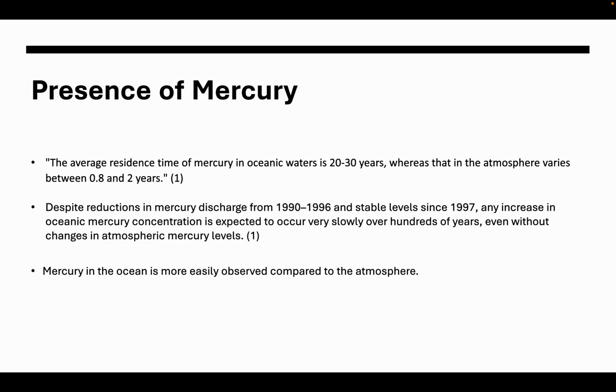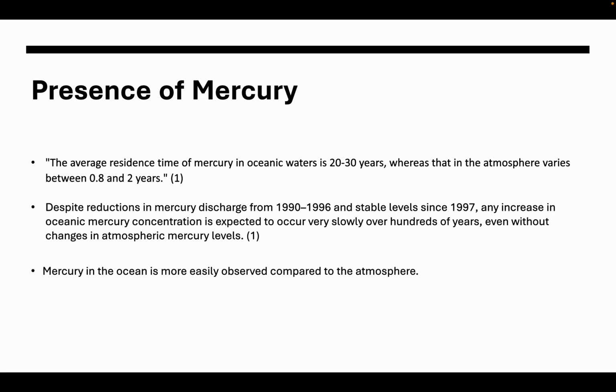From about 1990 to 1996, you saw a decrease in mercury levels, but since then it's been kind of stable. Over time, scientists are predicting it to increase slowly over the next hundreds of years, so that shouldn't worry too many people, but ultimately gives people time to understand and find ways to limit this and the exposure for people.